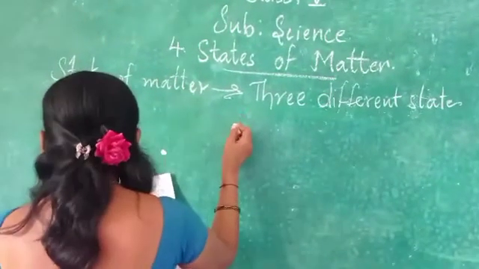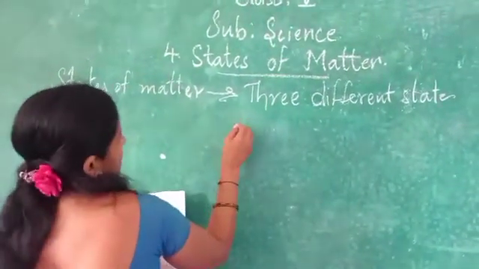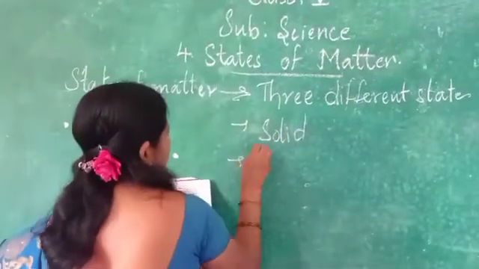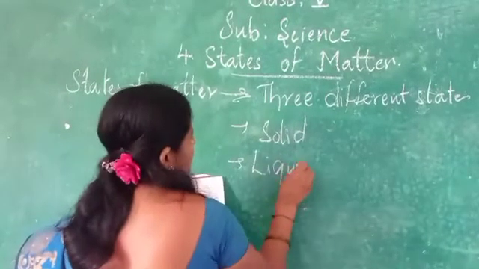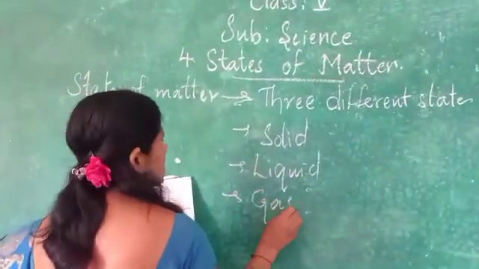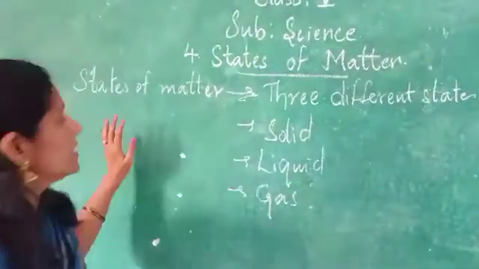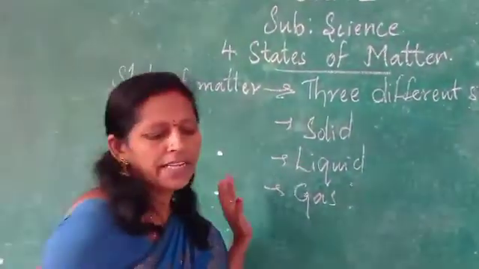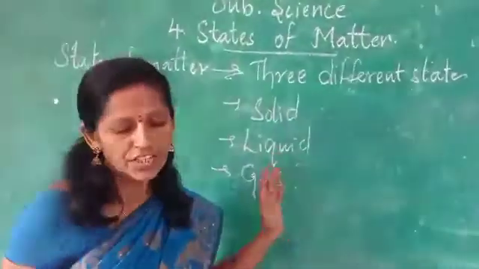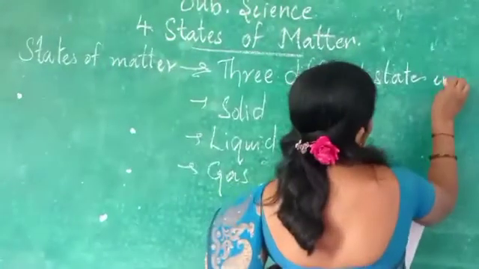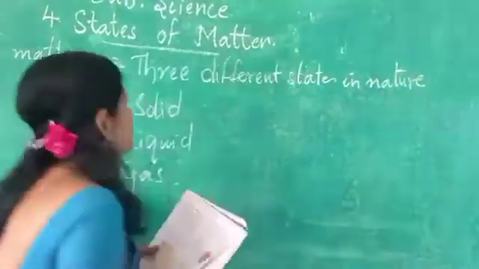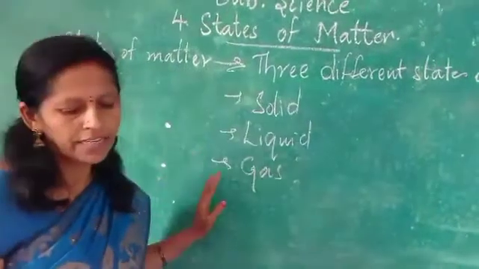The first one is solid. Second one is liquid. Third one is gas. The states of matter exist in three different states in nature. So first one is solid, liquid and gas.